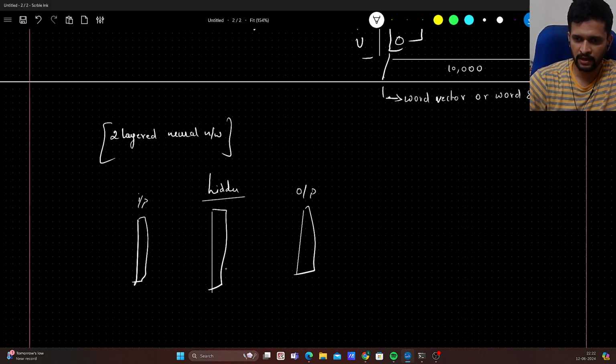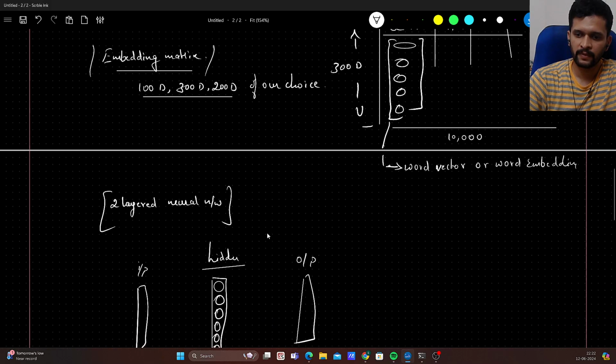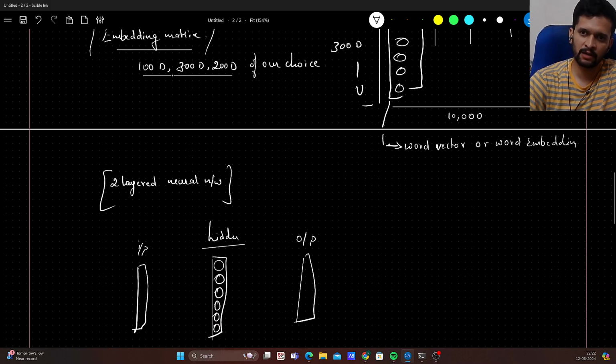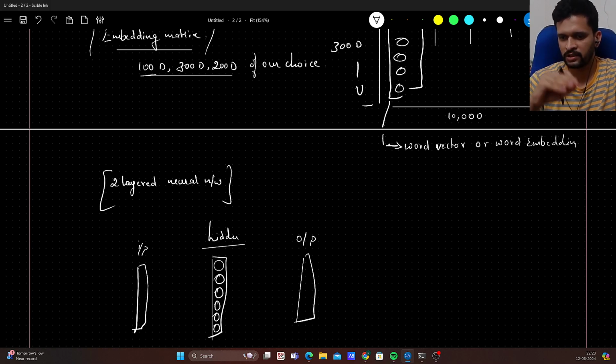The hidden layer will have so many neurons, and the number of neurons will be the same as the number of dimensions that we want for each word. So if we want a 100 dimensional vector space for each word, the hidden layer will have 100 neurons and 100 activation functions associated with each neuron.